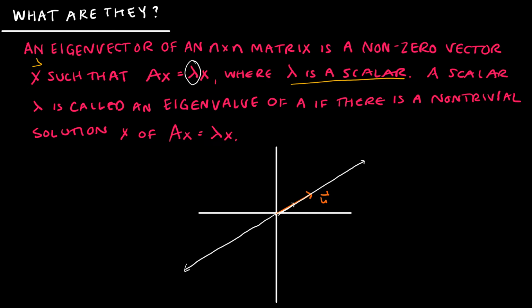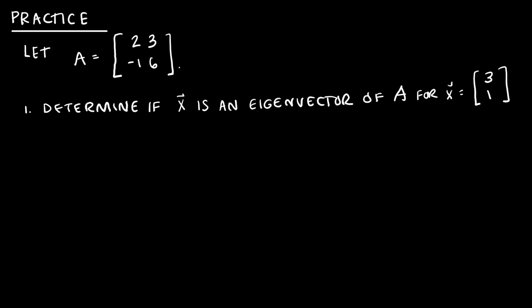Now let's take a look at what this does mathematically. The first thing we can do is determine if x is an eigenvector of A. I have A as [2, 3; -1, 6], and my question is, is x = (3, 1) an eigenvector of A?